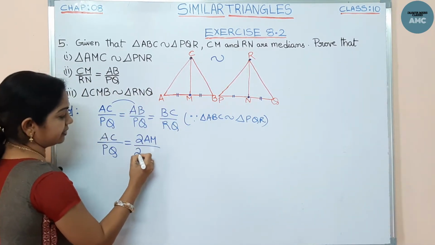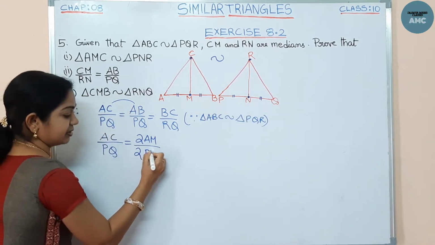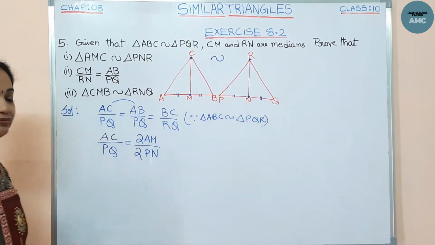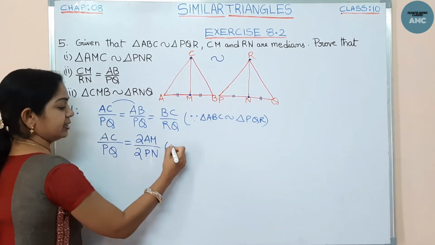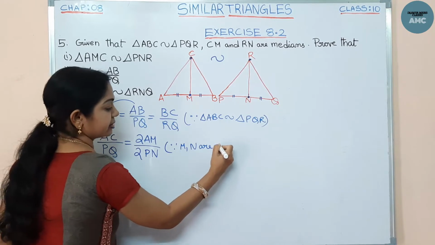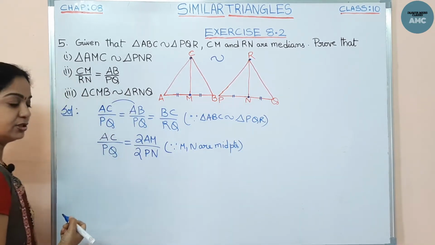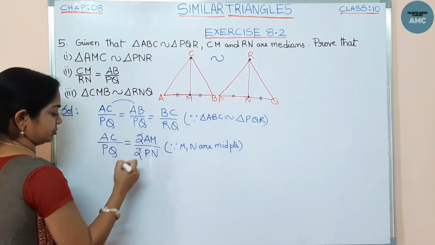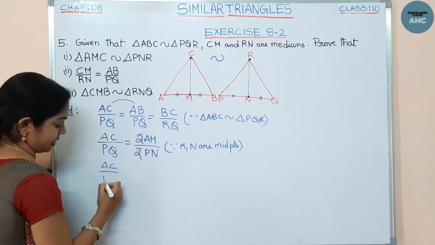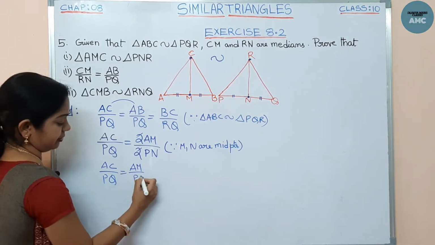So again we will write PQ is twice PN, because M and N are midpoints. Now I can cancel off 2 and 2. This comes to AC by PQ is equal to AM by PN.